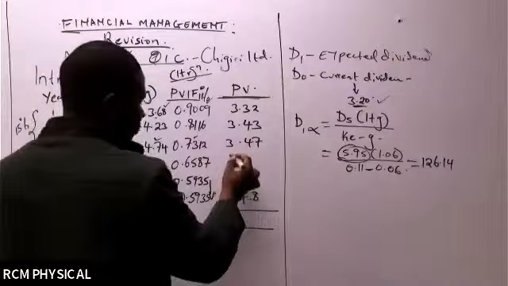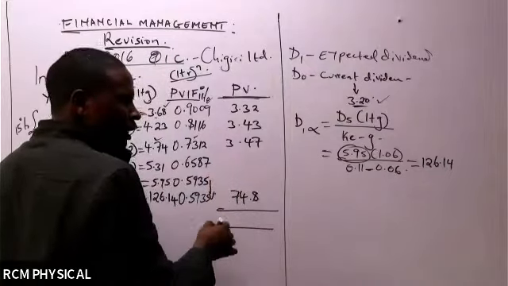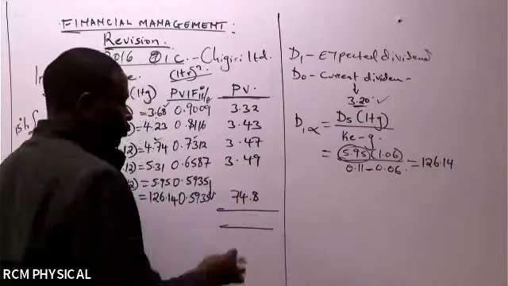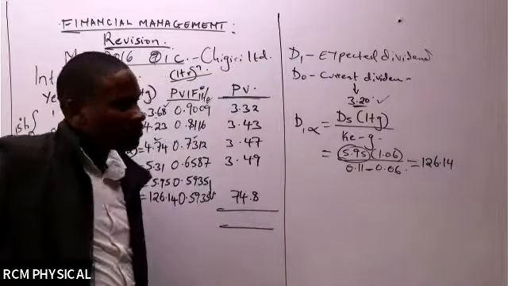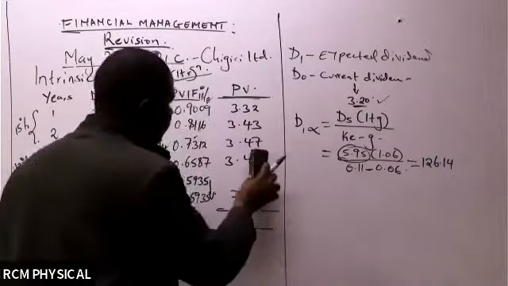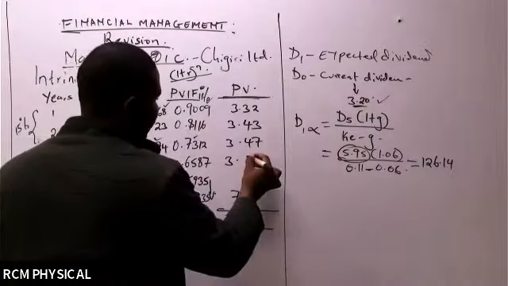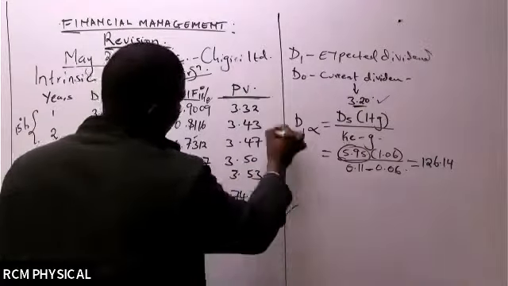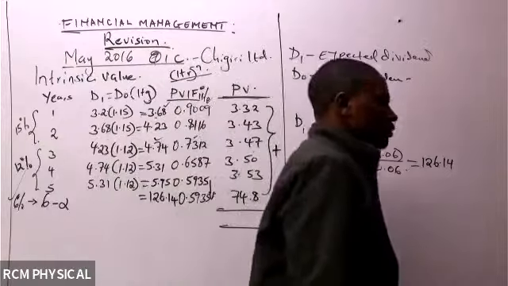We are almost there. 3.49. And the last one, that is 3.50. Okay. Give the total summation. Do the summation.